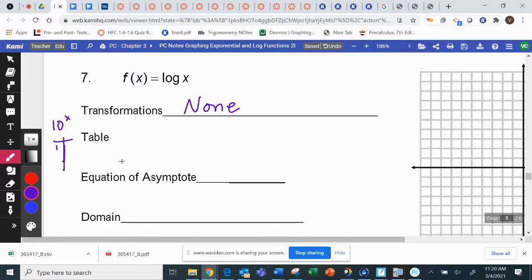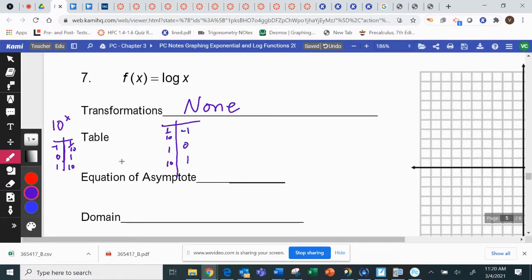That would be -1, 0, 1, which would be 1/10, 1, 10. I think about that, and then I switch the x and the y's.